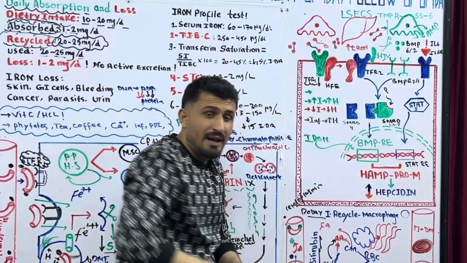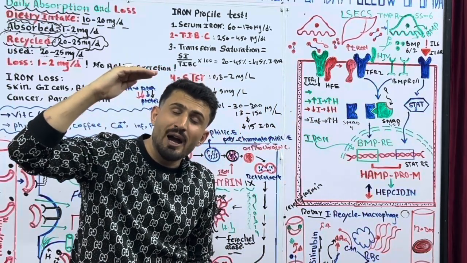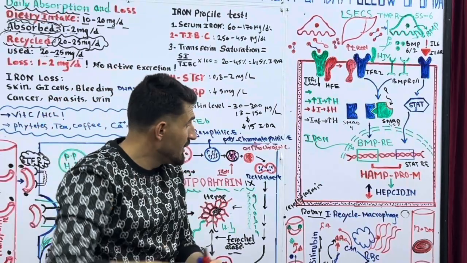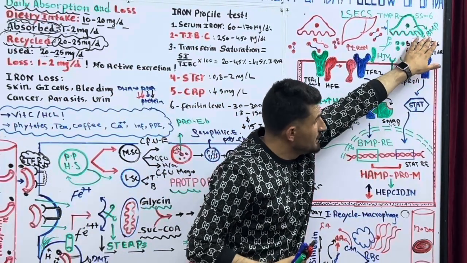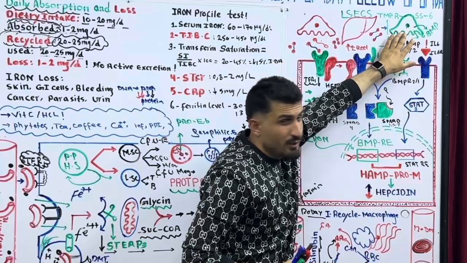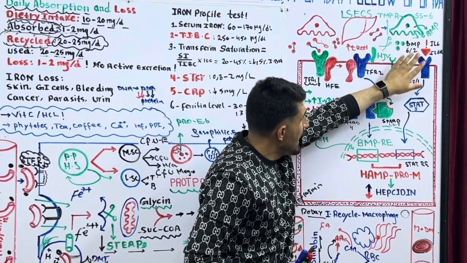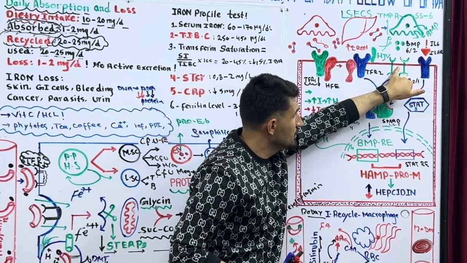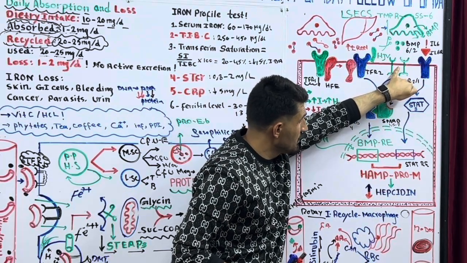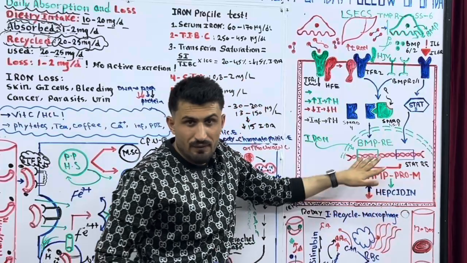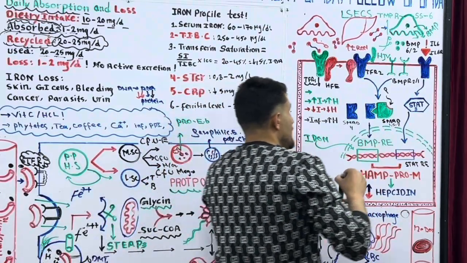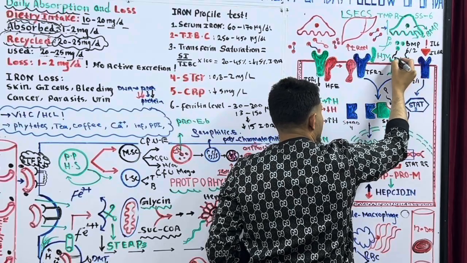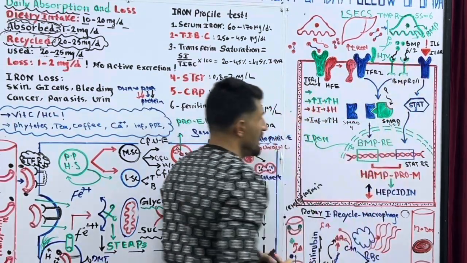So now, during an iron load situation, or during a high concentration of iron, we have a lot of BMP secreted by liver cells, and a lot of BMP receptors for these BMP, which are also expressed on the hepatocytes. Now these BMP molecules come here and stimulate their receptors.